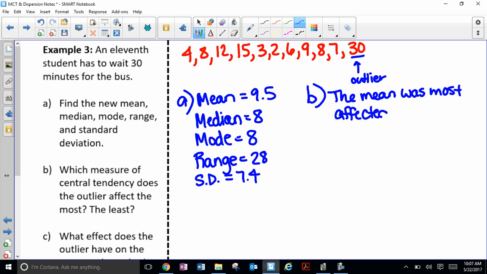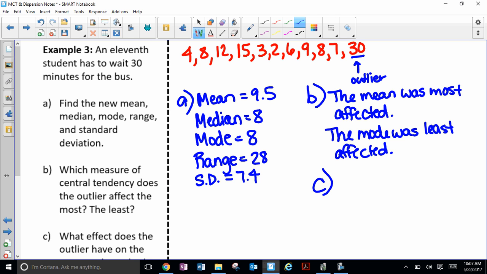Okay, and then which one was the least affected? Right, the mode. It didn't change at all because adding that number didn't make any repeat numbers because it's the outlier.